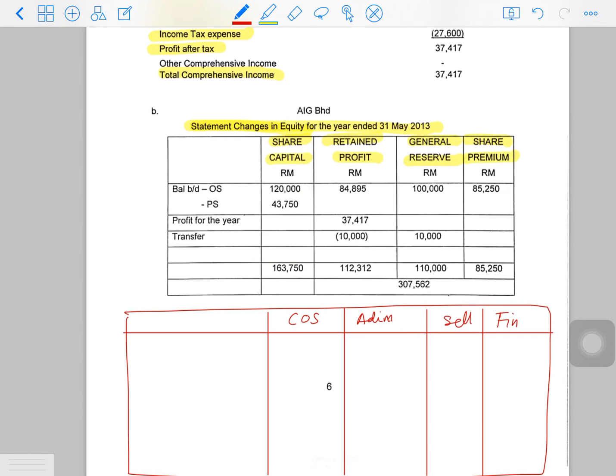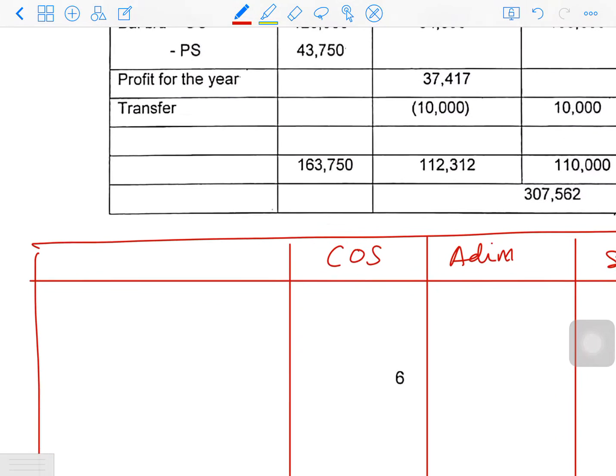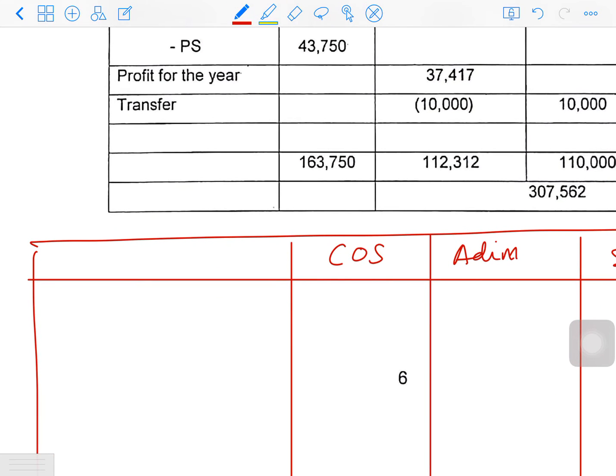So closing stock will be under cost of sales. You put closing stock here.